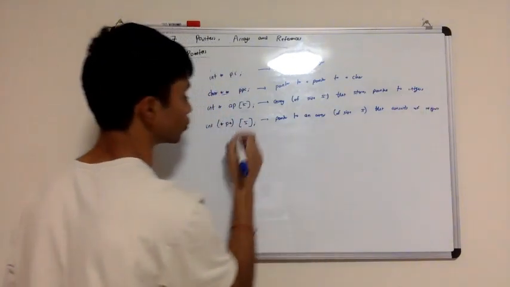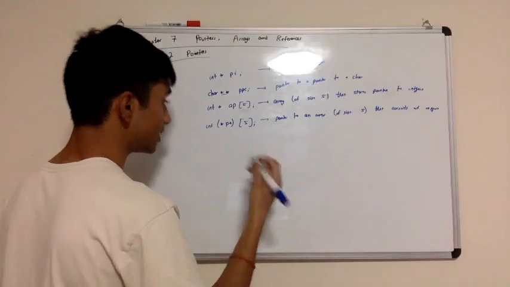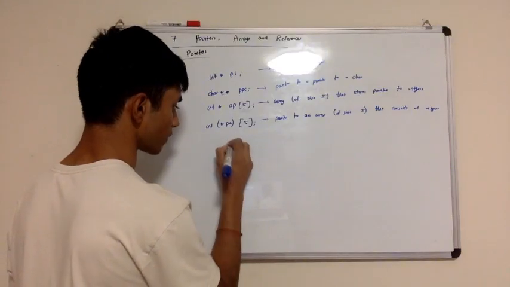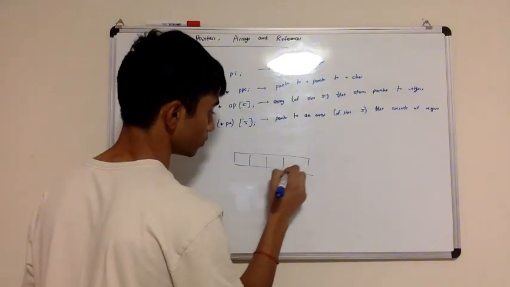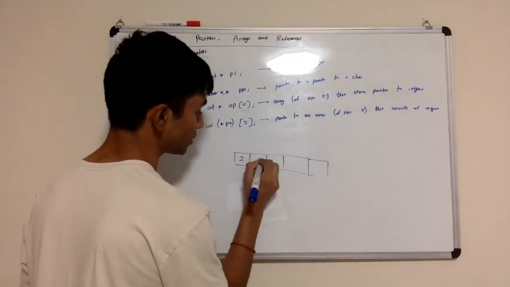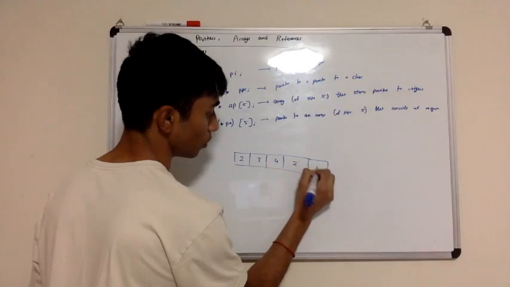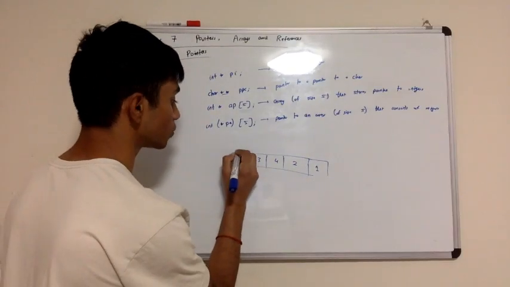Before, we had an array where each value was an address, a pointer. This time, imagine we have an array of size 5, 1, 2, 3, 4, 5, a list. But this time, each spot has integers, not addresses. Remember, this is in memory as well, so each one of these spots will have an address associated.